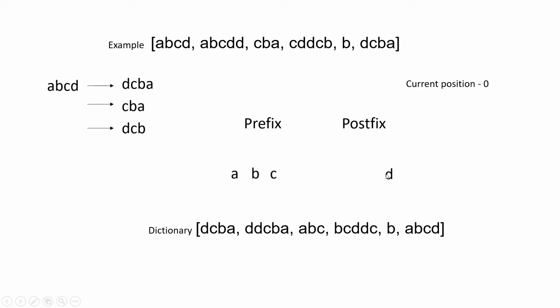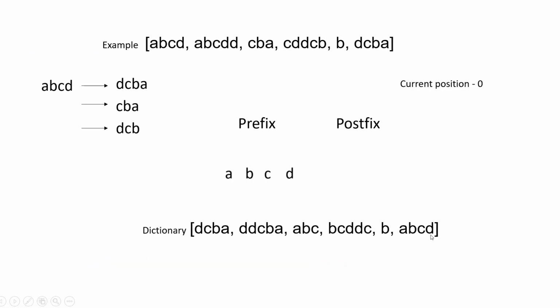Okay, simple. Moving ahead, we'll again check, is our postfix inside our array? No, it's not, so it doesn't make any point. Moving ahead, we'll again check, is ABCD inside our array? Yeah, it is present.